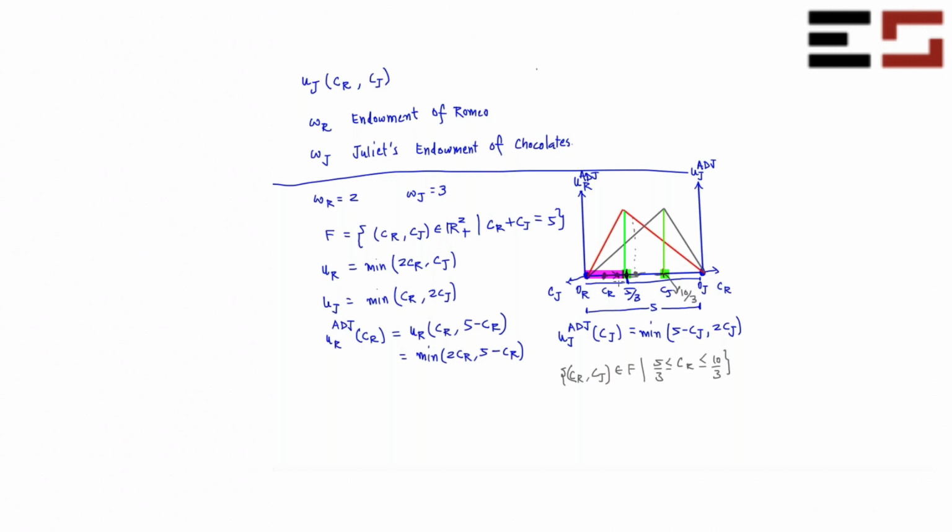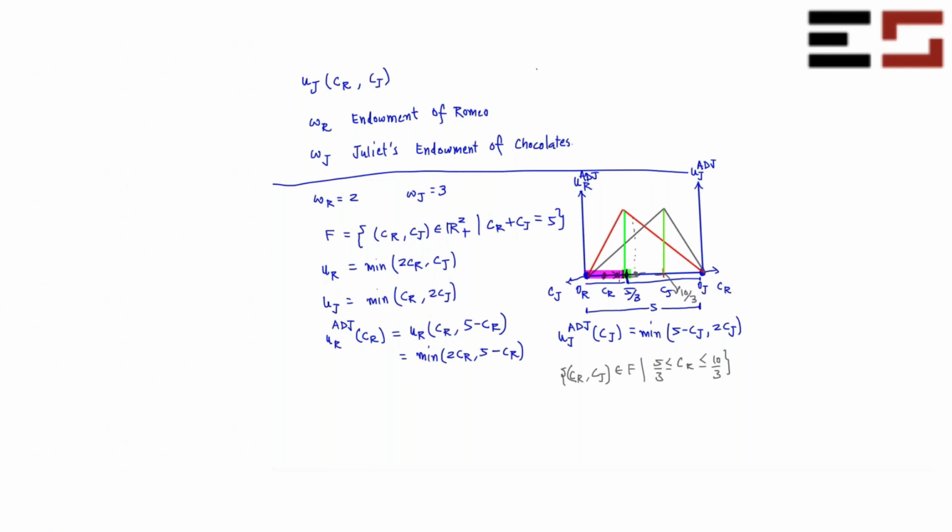And if you do the same thing from Juliet's perspective, Juliet would want Romeo to consume twice more than what she's consuming. But in this scenario, Romeo is consuming way less, even less than what she's consuming. So obviously Juliet would also want Romeo to consume more.